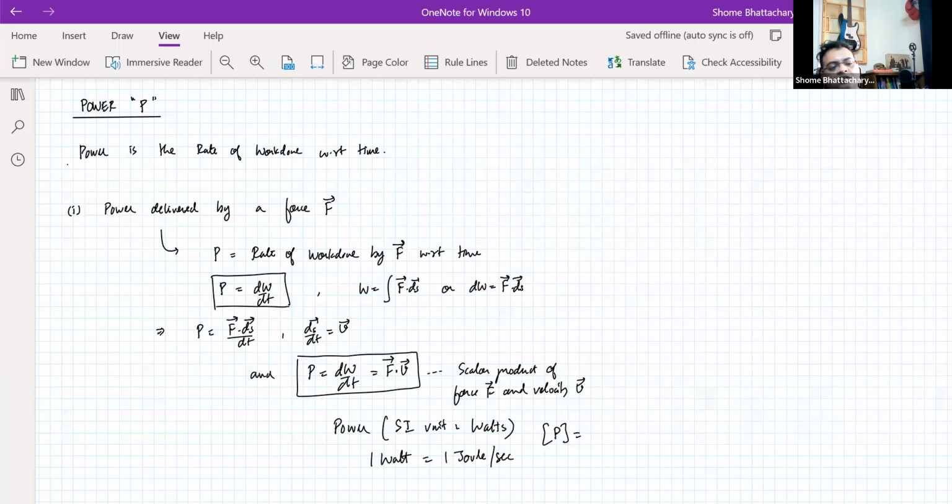The dimension of power, as you can see, will become the dimension of work done per unit time.